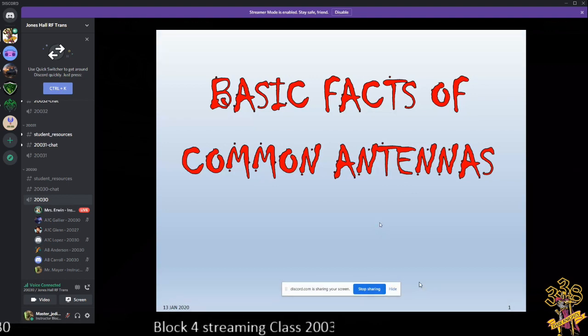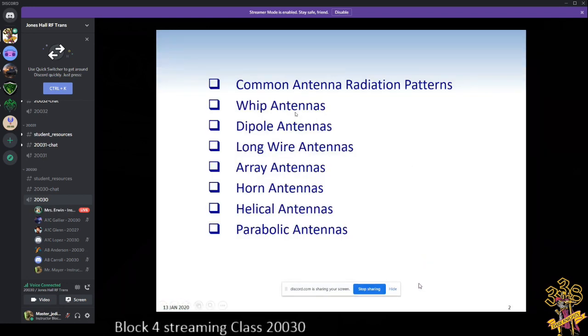Basic facts of common antennas. We're going to look at different antenna radiation patterns, antenna, dipole antenna, long wire antenna, array antenna, horn antenna, helical antenna, parabolic antennas.